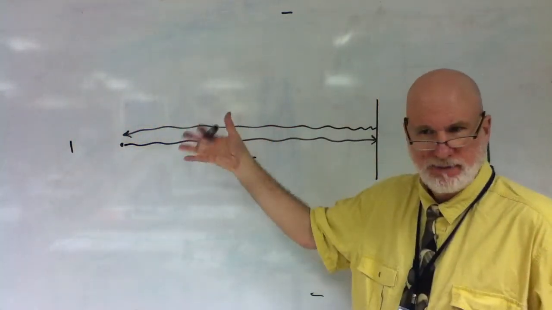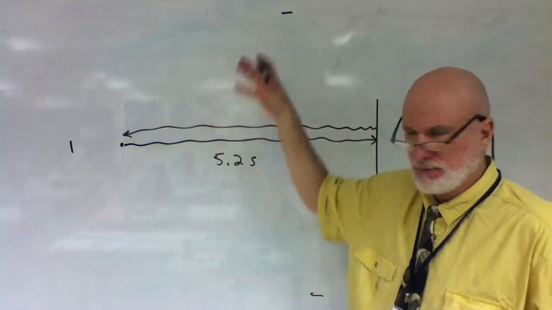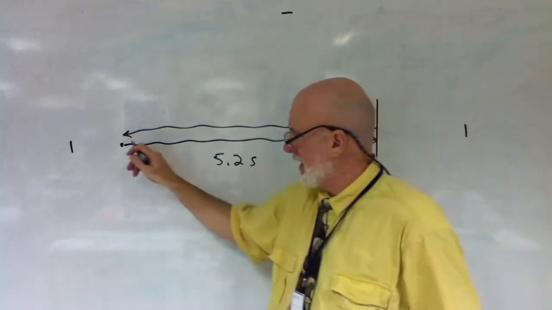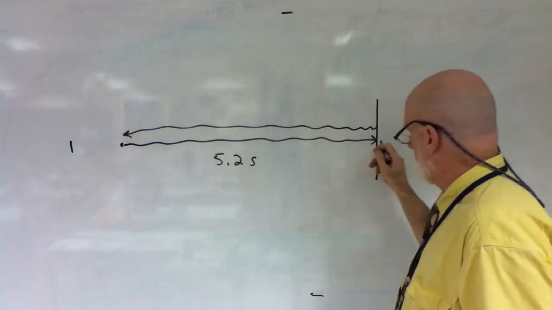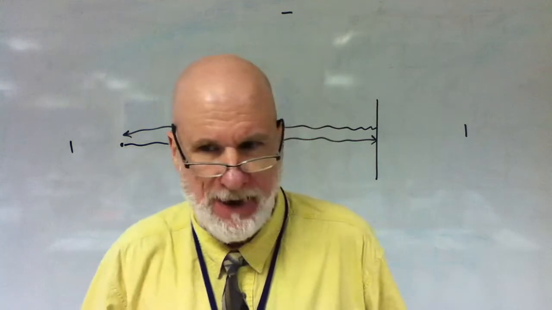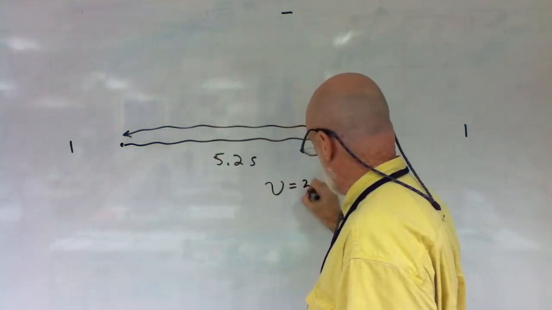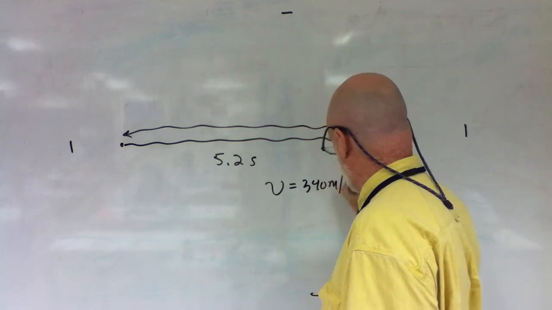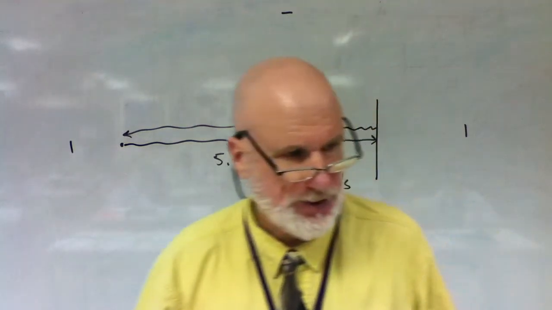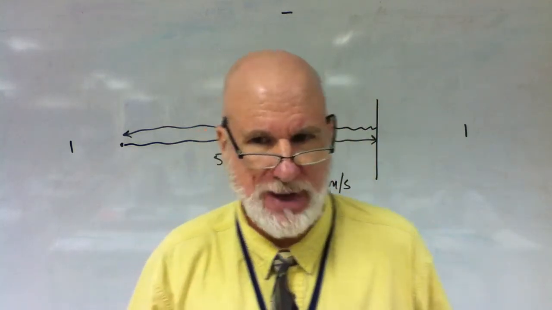Obviously it's vertical, right, because you're shouting down, but the concept of an echo. If I shout, and then it bounces back 5.2 seconds later, and you know that the velocity equals 340 meters per second, how far did the sound travel?